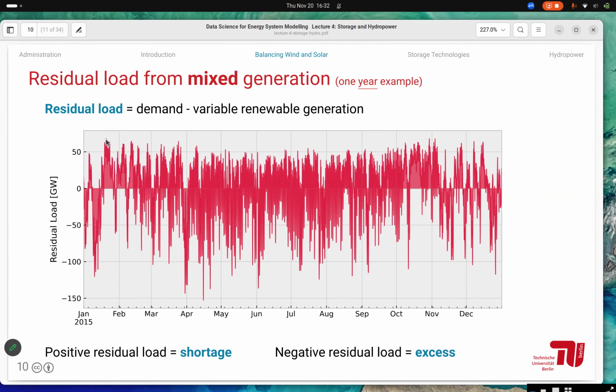The highest residual load would be the maximum amount of electricity I need to be able to put into the grid at some point. So that would determine my maximum discharging capacity. And then the same for the charging capacity. I would look at this period here where my residual load is the most negative, has the smallest value, and that would determine my charging capacity.